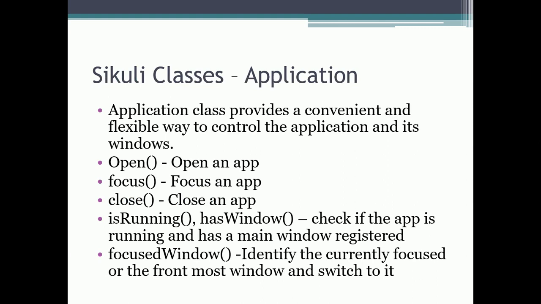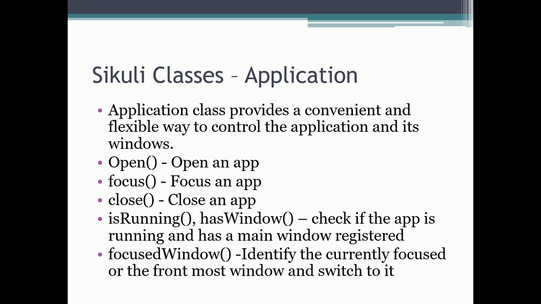Next is the application class. The application class provides a convenient and flexible way to control the application and its windows. There are multiple functions and methods available for application, like open. Open is to open an application, we can use the open function. Then the focus method will focus on a particular application. Then close will be used to close an application.